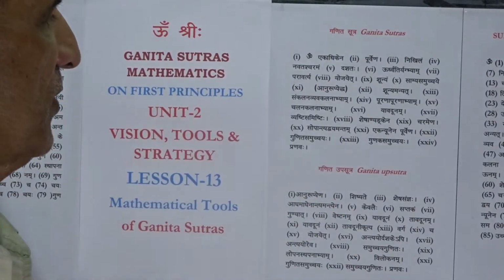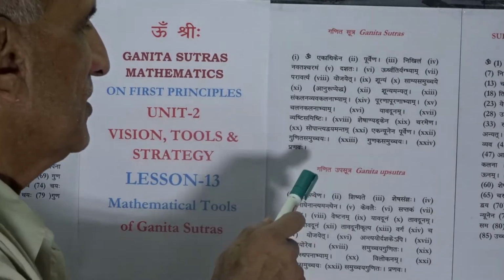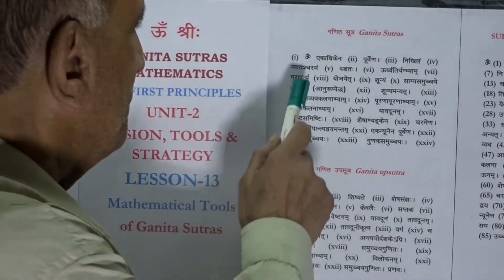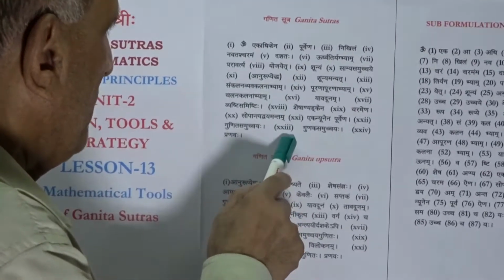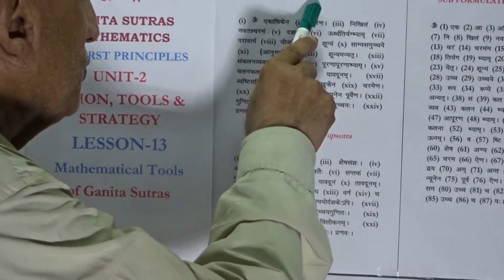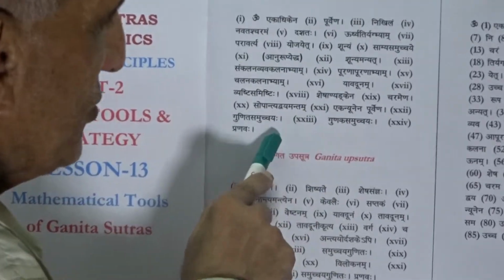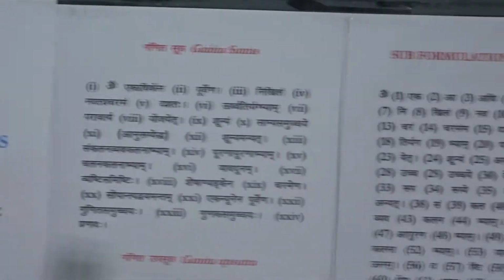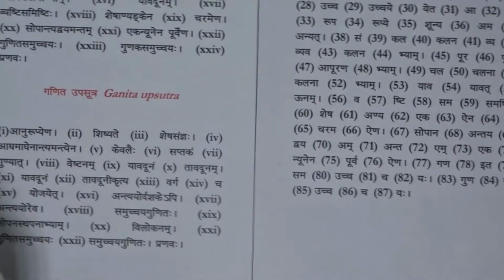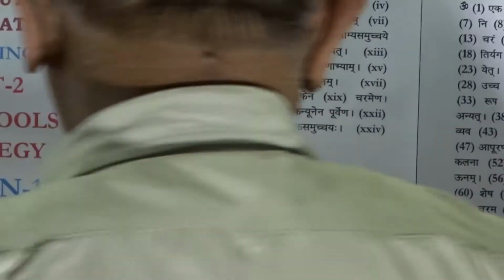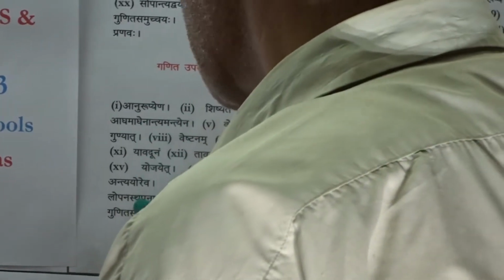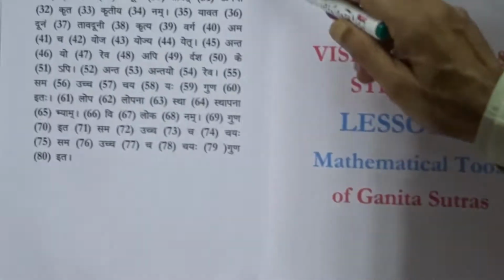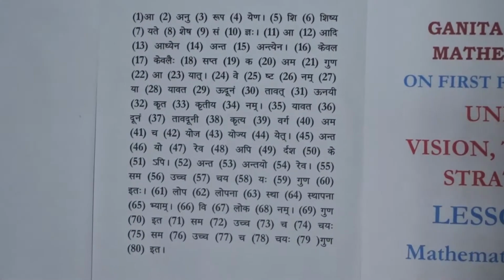We had seen that 24 formulations of Ganita Sutras are leading to 87 sub-formulations, and 22 formulations of Ganita Sutras are leading to 80 sub-formulations.